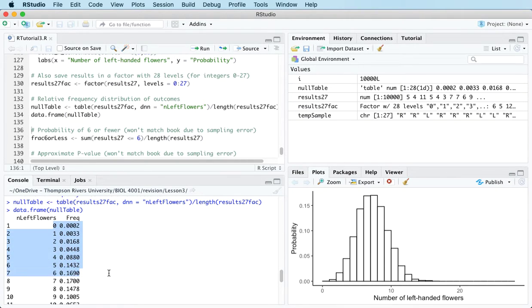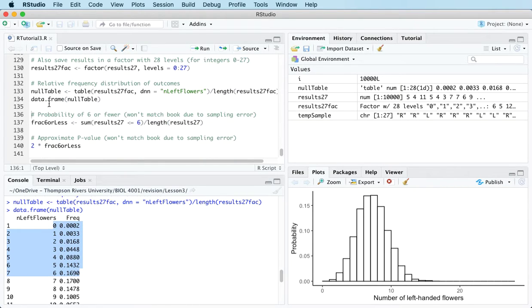So if I add up these relative frequencies, it'll give me a probability, and then because we're doing a two-tailed test, we're going to multiply that probability by 2, and then that will give me a p-value.